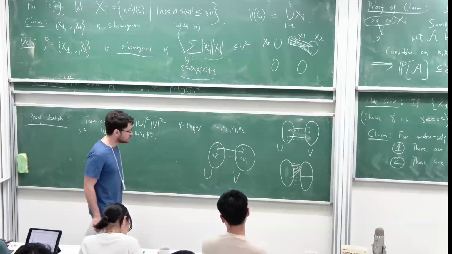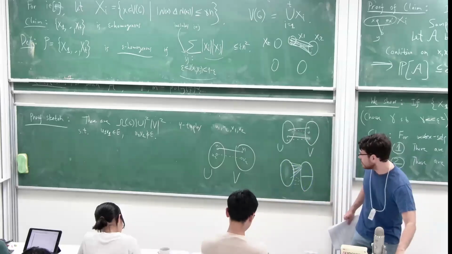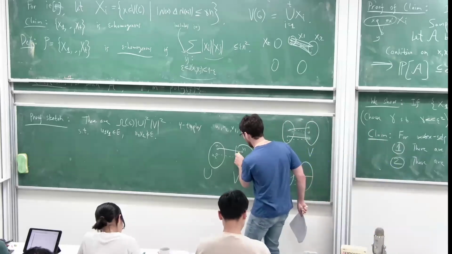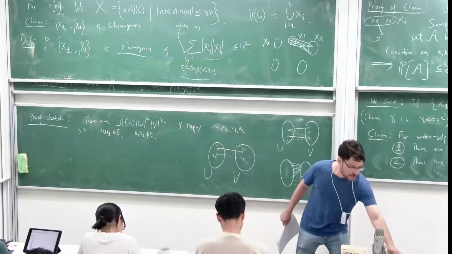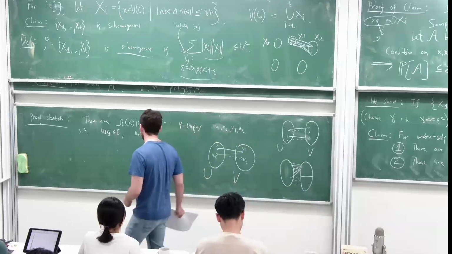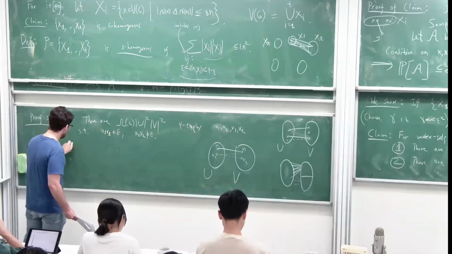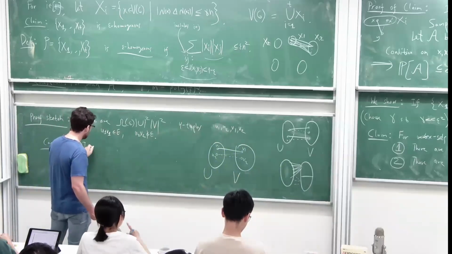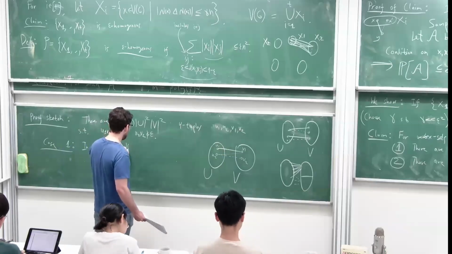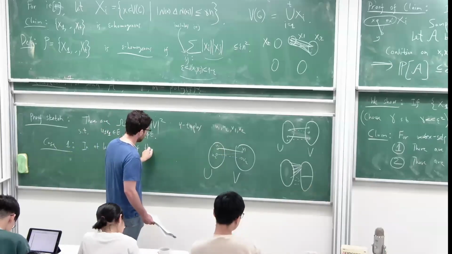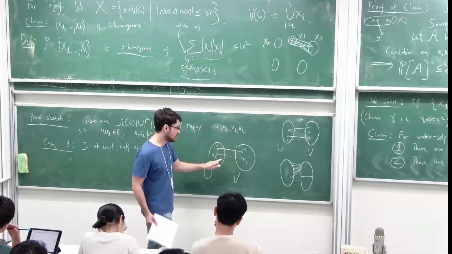And now consider this pair. So case one, in at least half of them, let's assume that at least half of them, this is a non-edge.